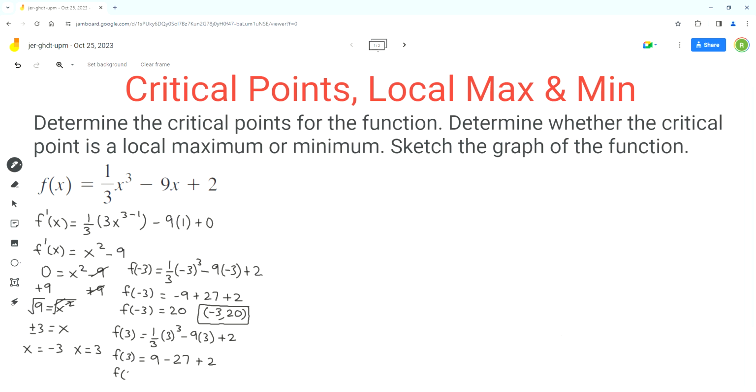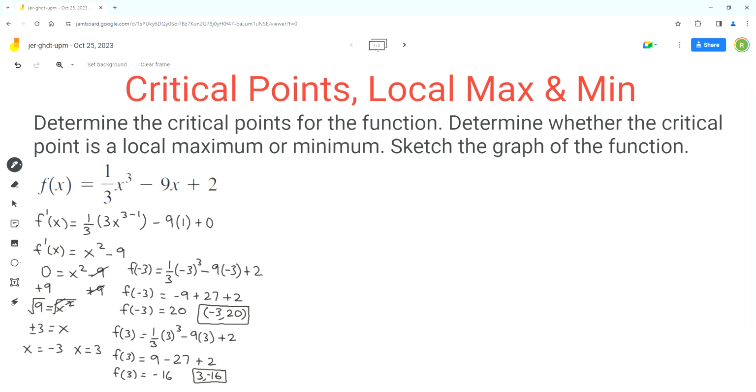So now we can combine these terms. So we get negative 16. So the second critical point is (3, -16). So these are the two critical points for this function.